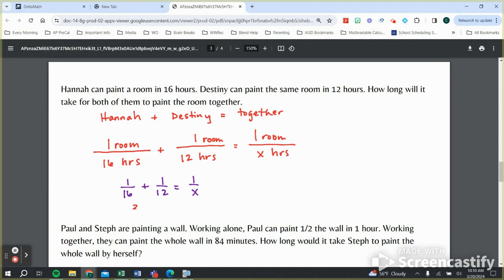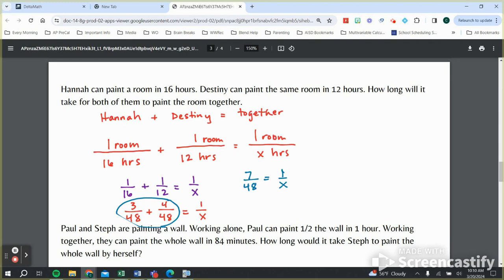So we're going to do 3 over 48 plus 4 over 48 equals 1 over x. And now we're going to combine here. So we get 7 over 48 is equal to 1 over x.